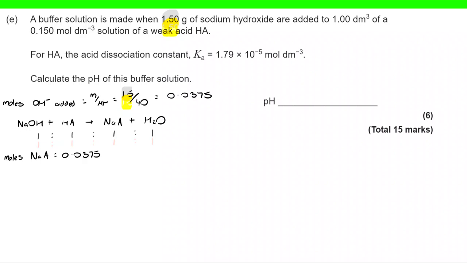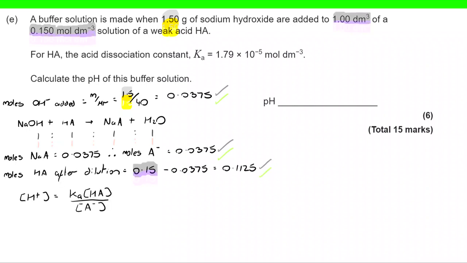Now that means that the moles of NaA that I will make here will be 0.0375, because that's how many moles of the sodium hydroxide I've added. And I also know that my sodium salt, NaA, will fully dissociate. That's a very clear assumption we will make in every buffer calculation. So my moles of A minus are 0.0375.